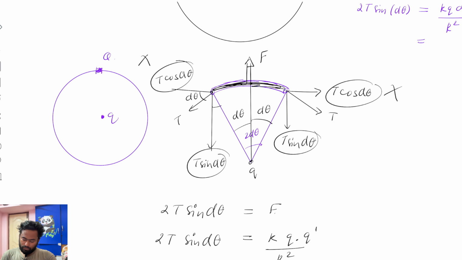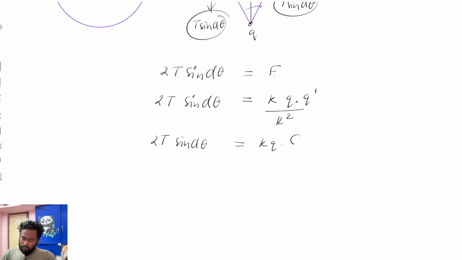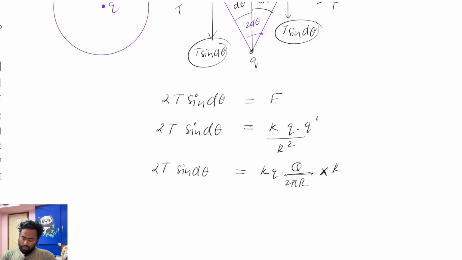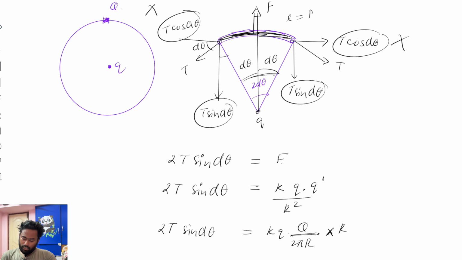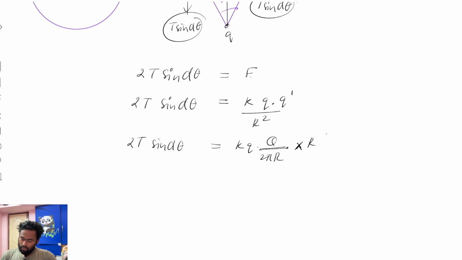That will be given by total charge upon 2 pi r. This is charge density, charge per unit length. Charge Q is distributed over the 2 pi r length. So Q upon 2 pi r into what is the length here? Length will become radius into angle, r into 2d theta. So r into 2d theta, that is our charge, upon r square.